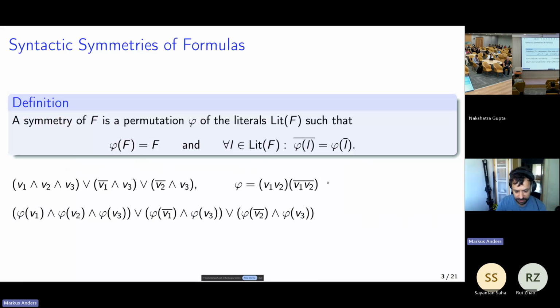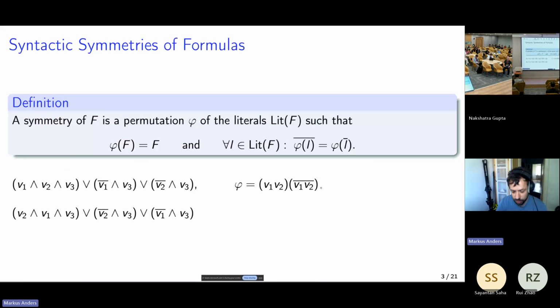And then if we just divide this out, we rearrange the formula slightly, we can see that indeed this is a symmetry of the formula. And this also means that we can always very efficiently check whether a candidate permutation is actually a symmetry of a given formula.